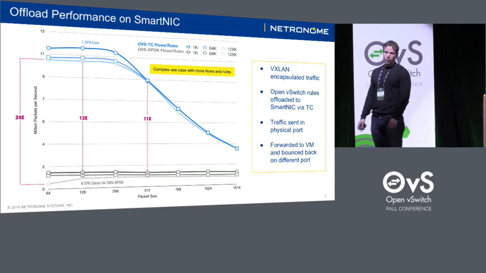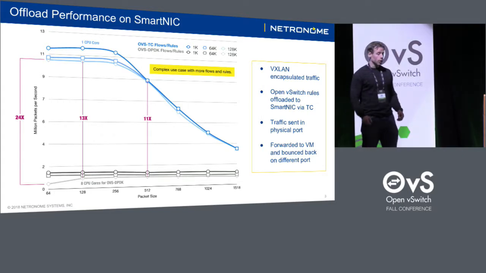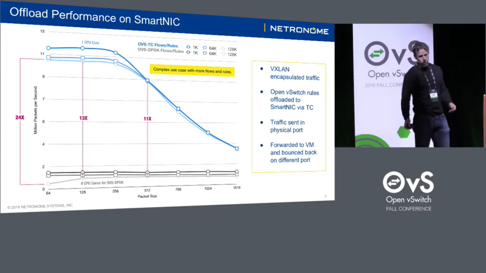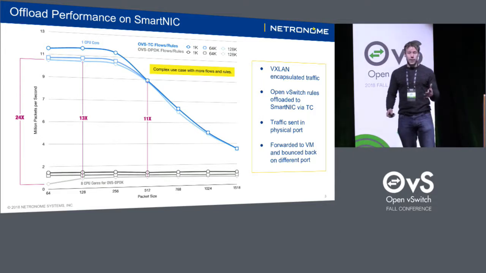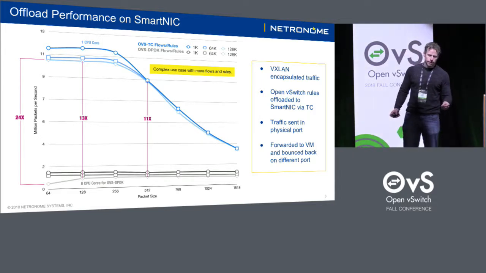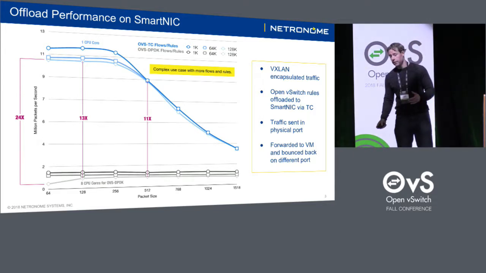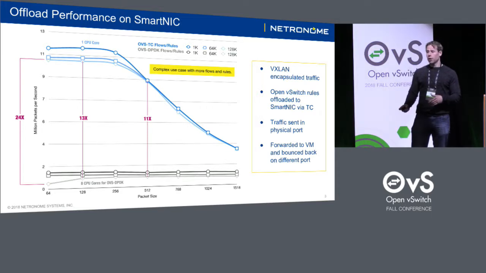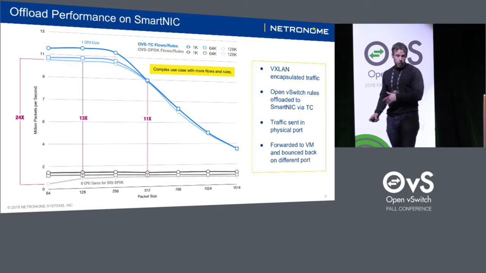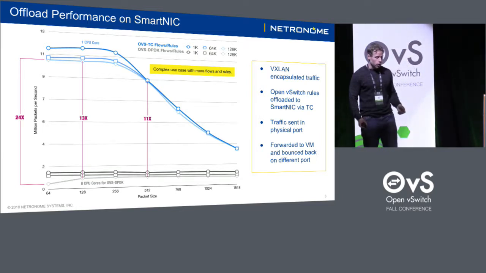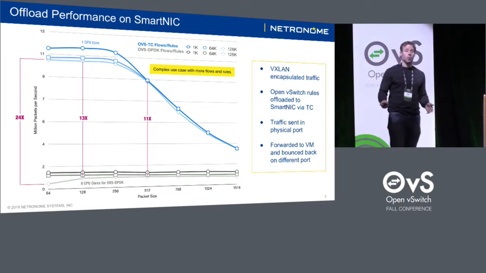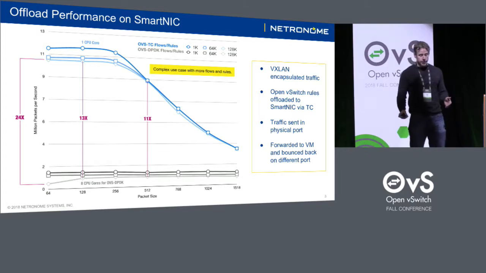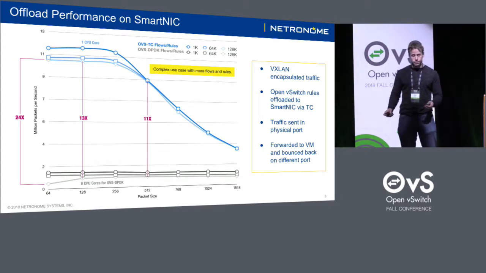So this is our motivation for doing this. I'll not dwell too long, it's not really the point of the talk, but these are some performance figures we get. I think the test here is some VXLAN traffic coming into the NIC, matching rules, being directed to a VM, and bounced back to the card and back to the network. The setup compares it against OVS DPDK running with 8 cores.